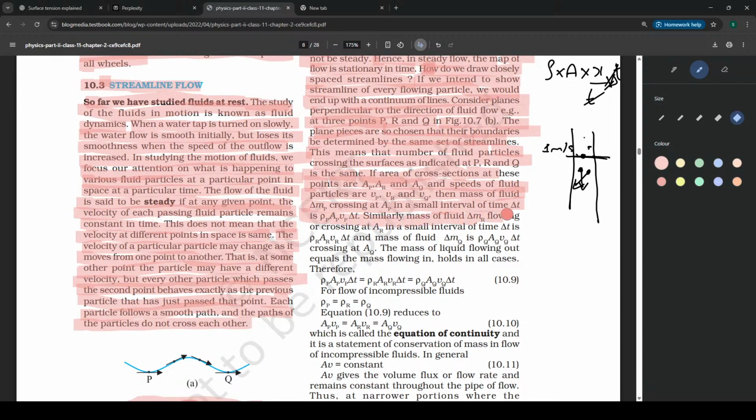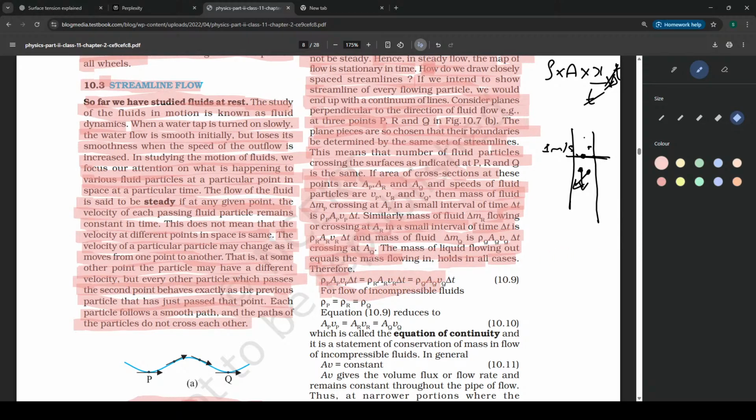Similarly, the mass of fluid delta MR crossing at AR in a small interval of time, delta T, is rho AR VR delta T, and similarly for the mass of fluid delta MQ. The mass of fluid flowing out equals the mass of fluid flowing in, meaning mass will be constant at all places, where we can equate them all.